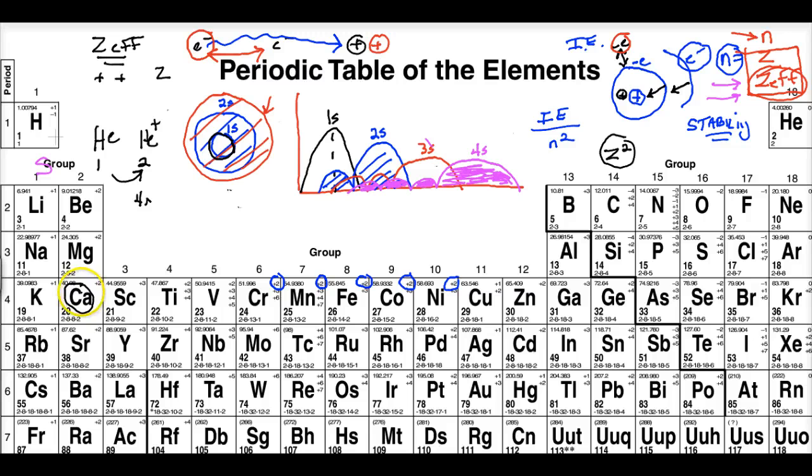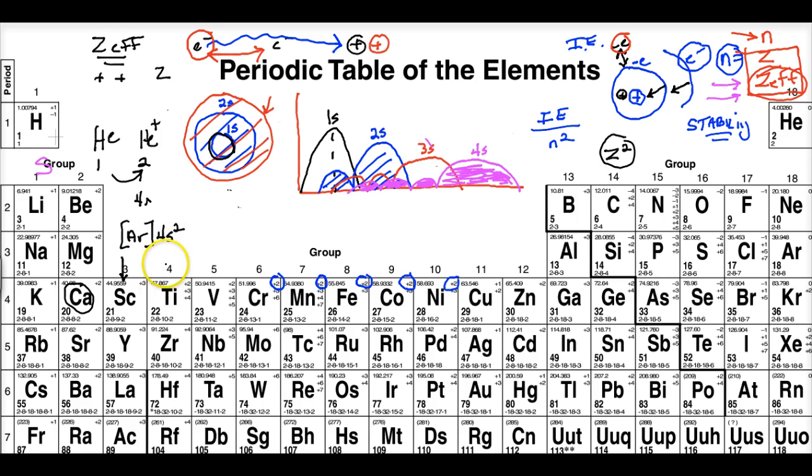And then scandium is the same thing, but now you're starting to fill in the d sub-block. Now, let's write the calcium in terms of a little condensed version. Let's do argon, and then we have 4s2.